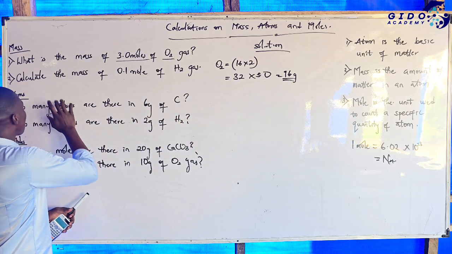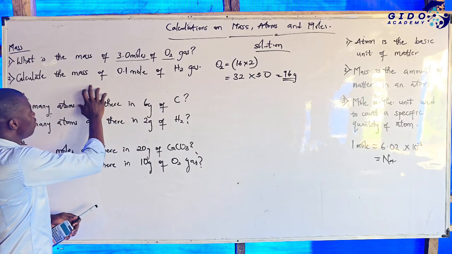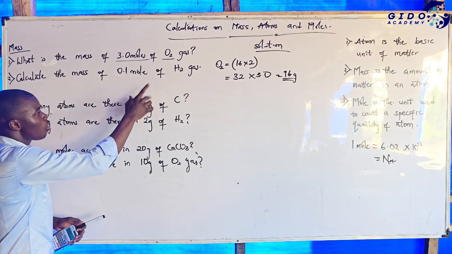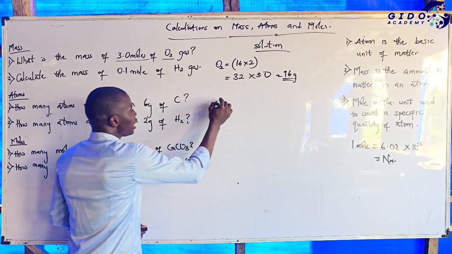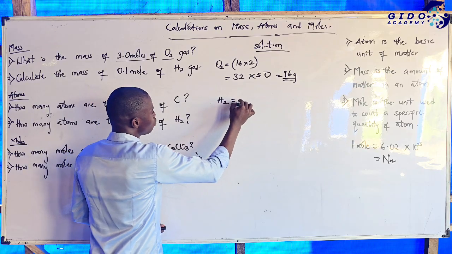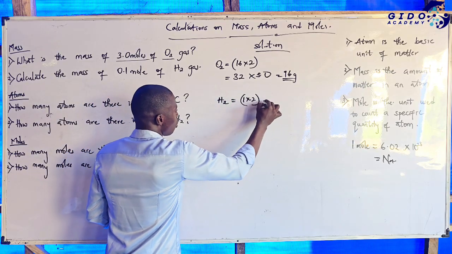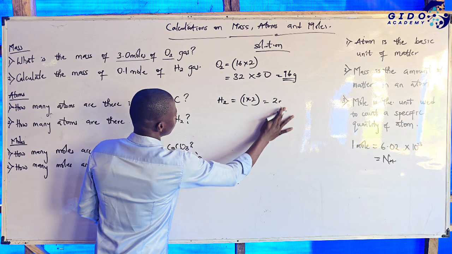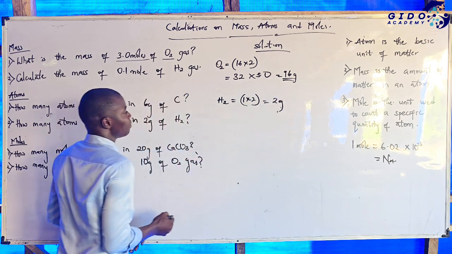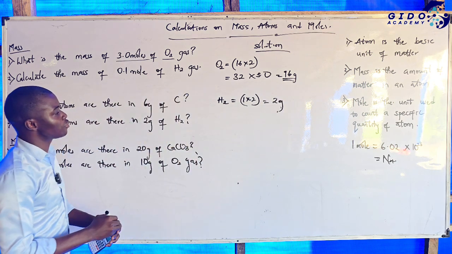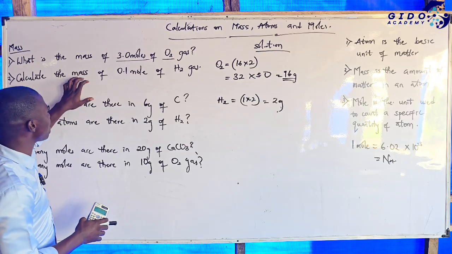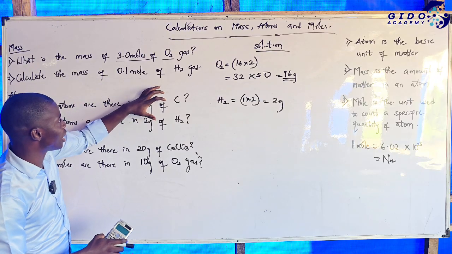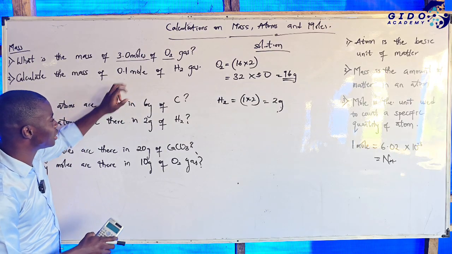As easy as that. What if you have to calculate the mass of 0.1 mole of hydrogen gas? H2 is equal to 1 times 2, which is equal to 2 grams. How many moles are we calculating? 0.1.